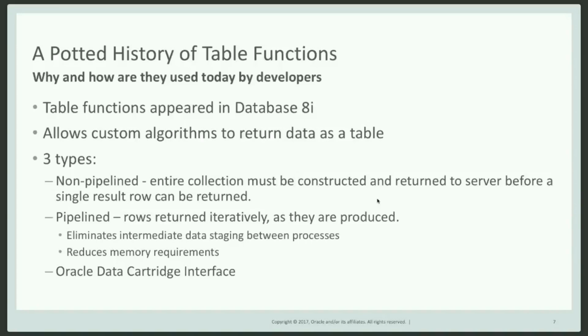Pipelined allowed us to return rows as soon as they were processed. So the pipeline feature gets rid of this need to take a data set and put it into, say, a temporary table for additional processing in the next step. Obviously, the non-pipeline version requires space, it requires memory, it requires possibly temporary storage. So there are lots of implications of creating non-pipeline functions, and a lot of those disappear if you switch to using pipelined.